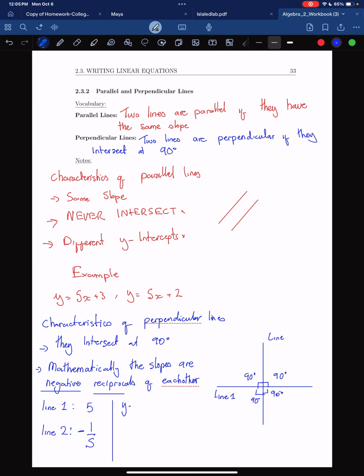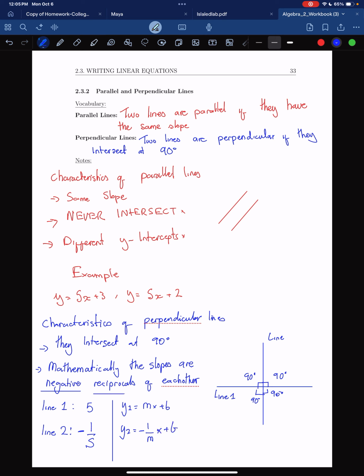If we've got y1, which is line 1, mx plus b, then y2 will be perpendicular to y1 if my line 2 has a negative slope and is taking the inverse, or the reciprocal, of my slope of y1.